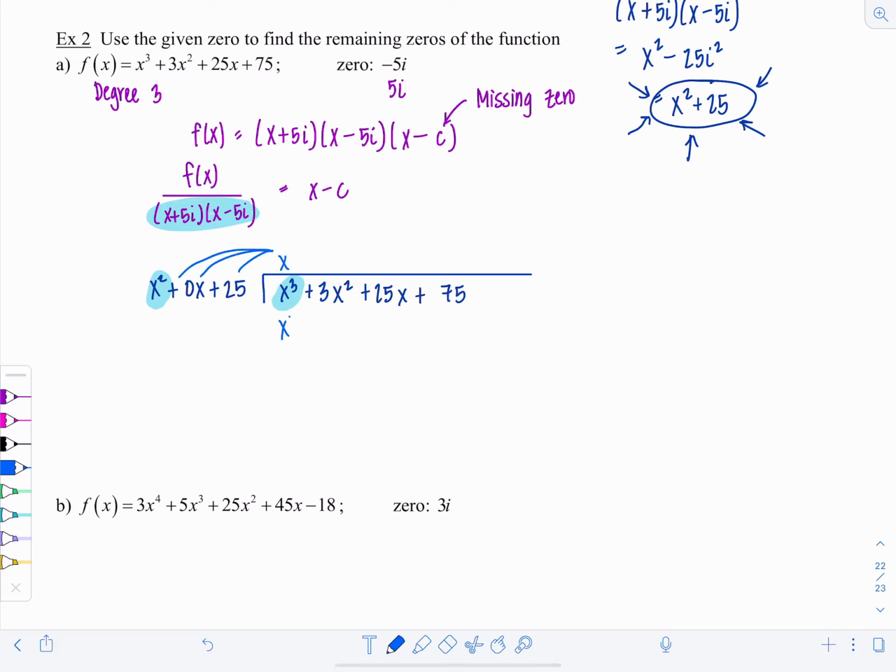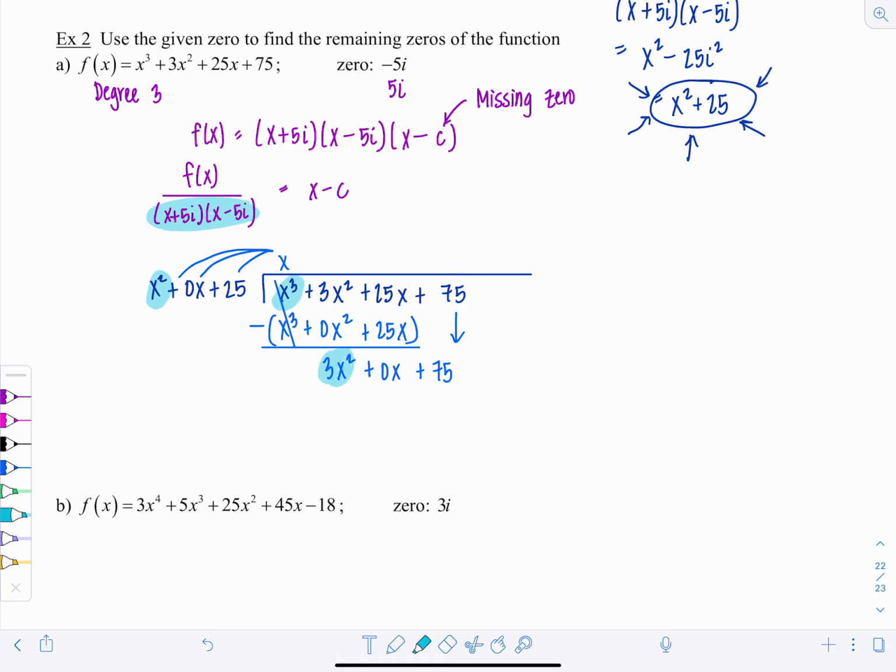So we'll have x cubed plus 0x squared plus 25x and subtract. The term on the furthest left should cancel out. If it doesn't, you messed up. And then here I have 3x squared plus 0x, and then bring down the 75. Okay, we can keep going.